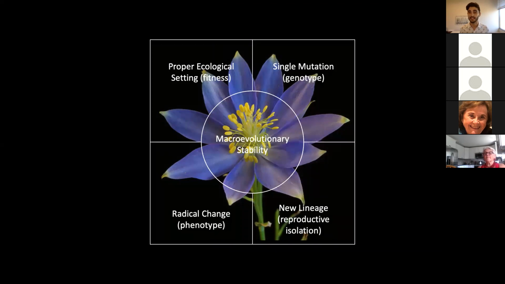So what I've shown you here is that a single macromutation, a single genetic change, loss of function alleles at AP33, causes a radical phenotypic shift, a homeotic mutant in which petals have been replaced with a set of sepals. And I've shown that this is occurring in the right ecological setting, with heightened herbivory favoring fruit set for dahlia plants. And I've corroborated this with evidence of natural selection at the molecular level around the AP33 locus.